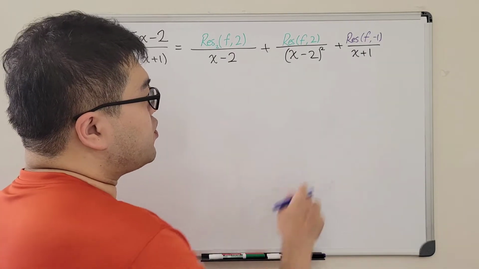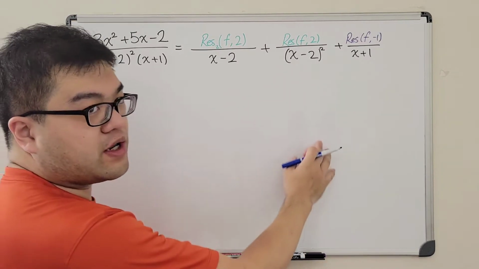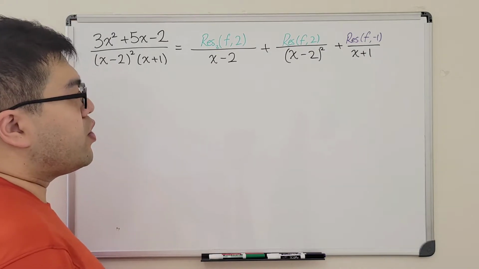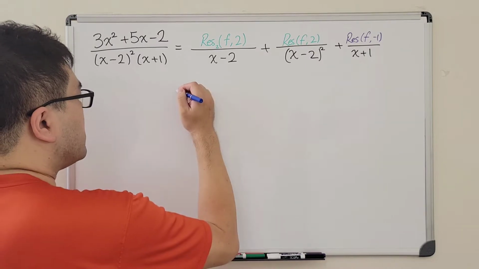For the x plus 1 part, we can still do the same thing as before, and that's why I used purple marker to write it, because we're still using the same method. There's nothing that we have to change.